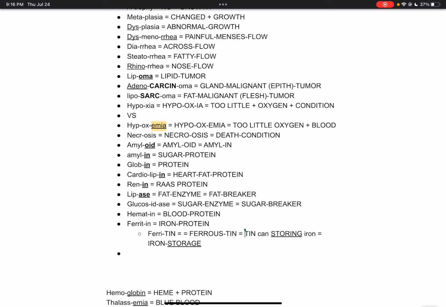But tin is the unique part. So I say this tin can of iron that stores iron. The point of that is just that when I see the word tin at the end of ferric, I need to know that it's iron storage. It's not the other types of iron. It's not ferric, it's not ferrous, it's not all the other stuff, okay?